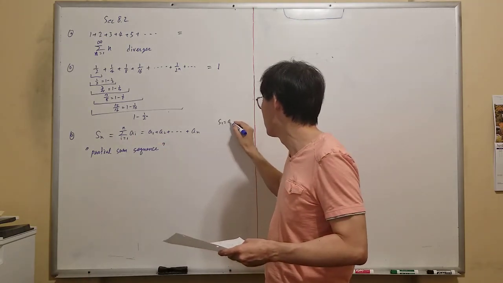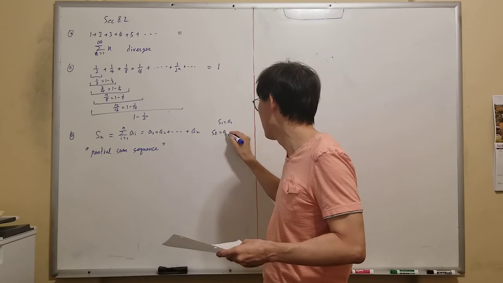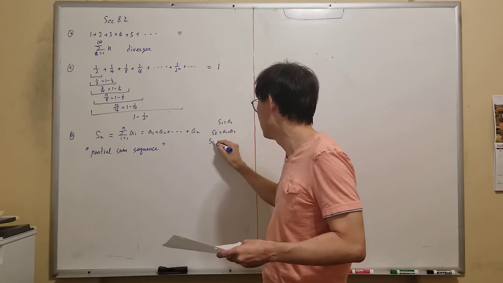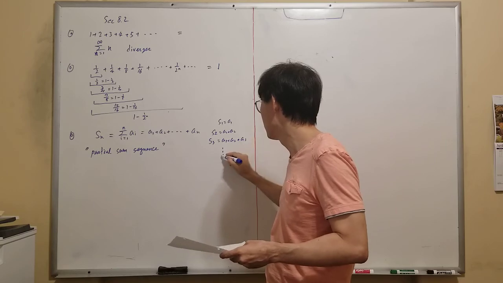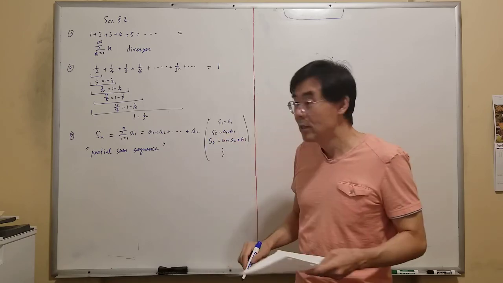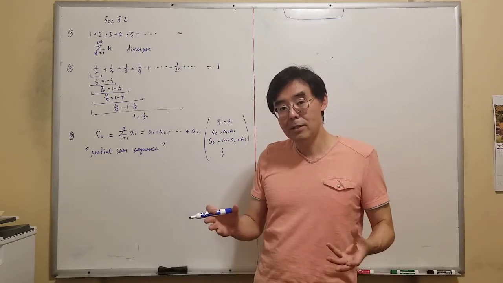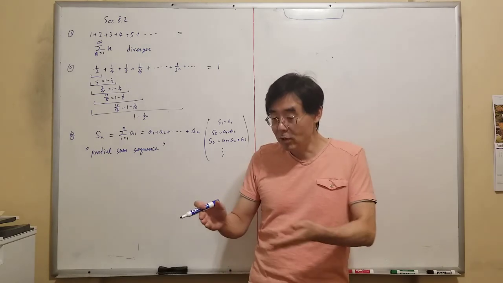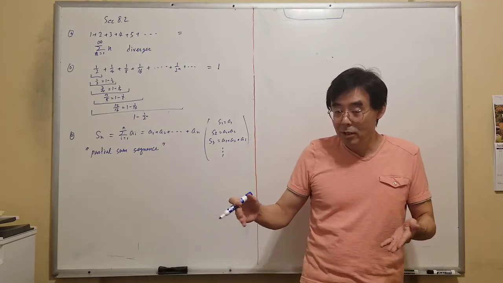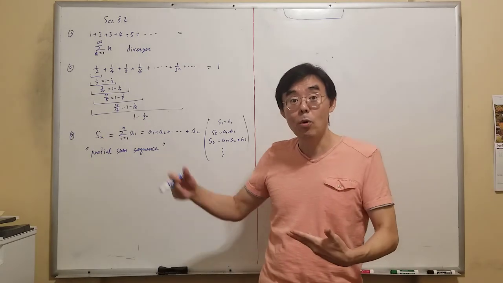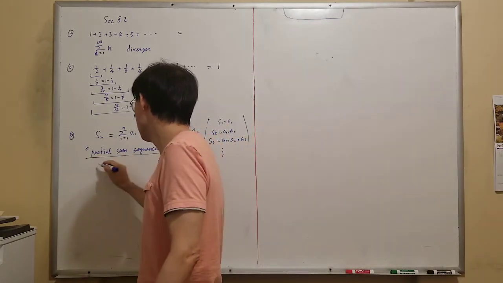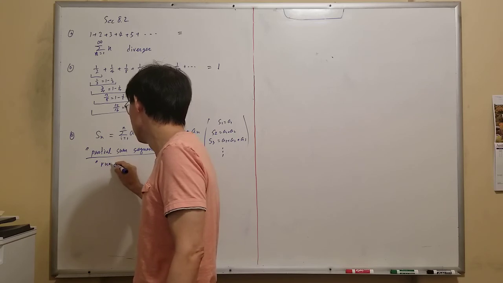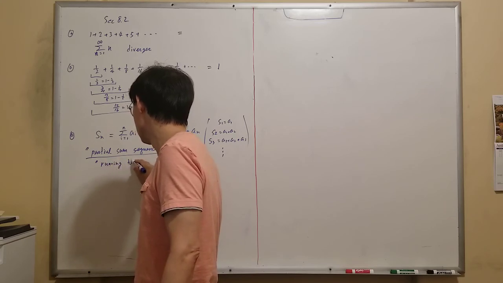Again, S1 equals A1, S2 equals A1 plus A2, S3 equals A1 plus A2 plus A3, keeps going, right? So, out of the base sequence, when you consider series, you can create another sequence called the partial sum sequence. This is what we call the running total sequence, right? Running total.